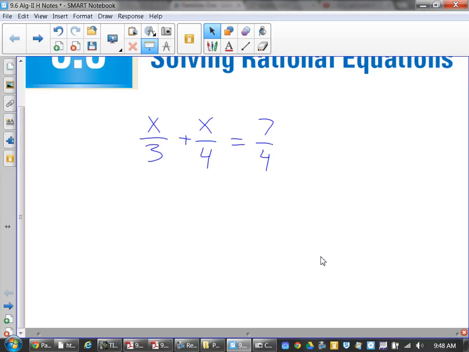If I'm looking at something like x over 3 plus x over 4 equals 7 over 4, I need a common denominator to do that addition part.